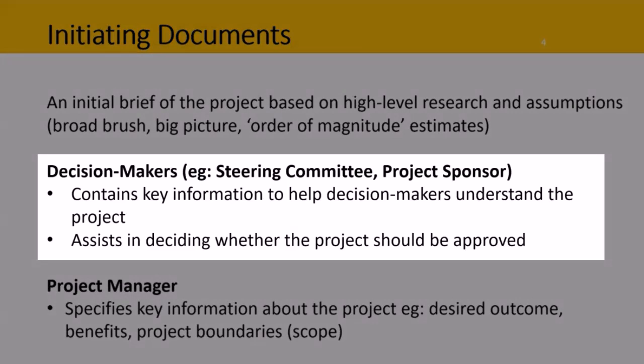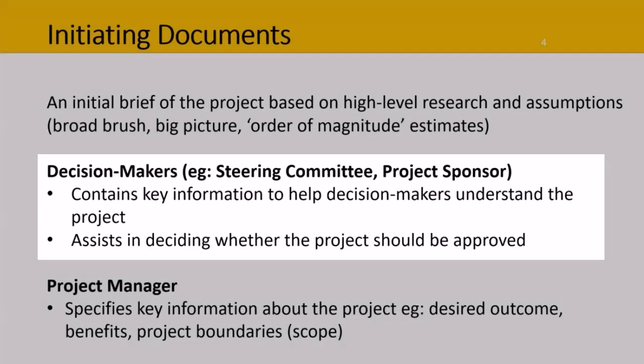So this initial brief serves a few purposes, and one main one is to help the decision makers understand the project and figure out whether or not to approve it. This is usually known as getting approval to proceed or approval for project kickoff.